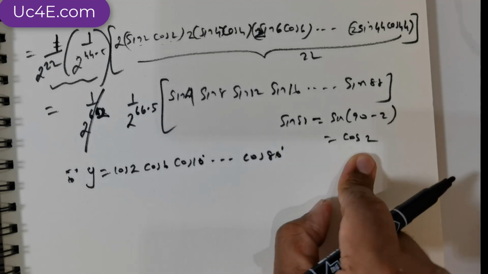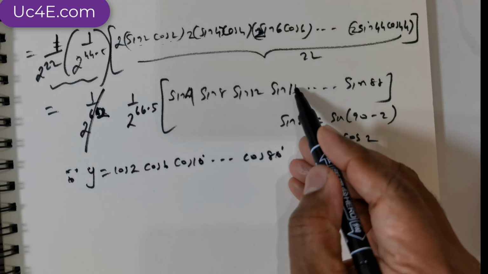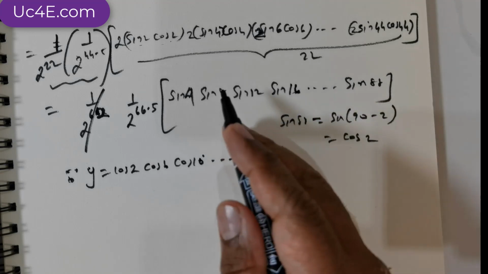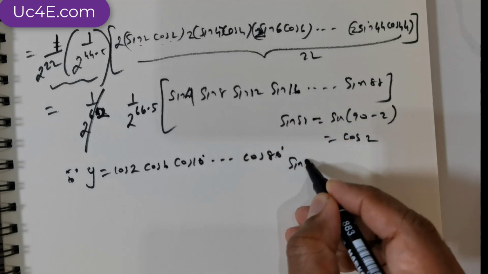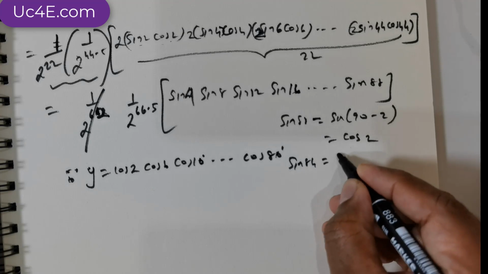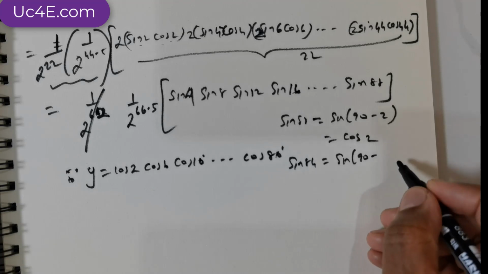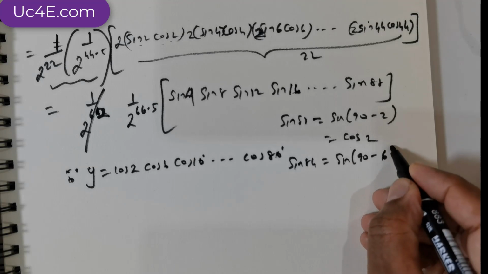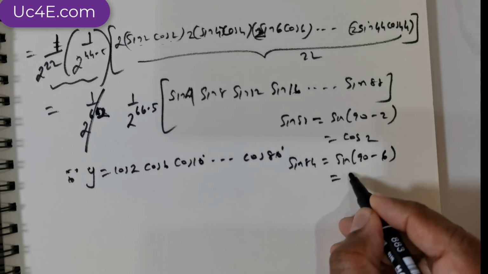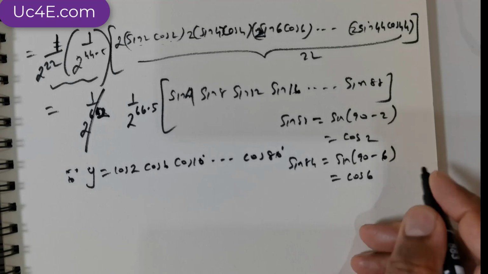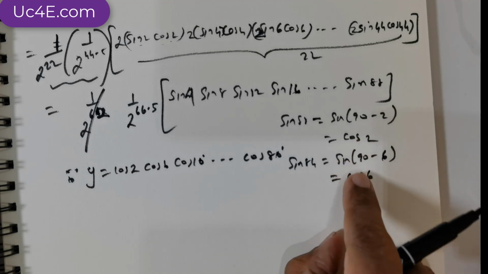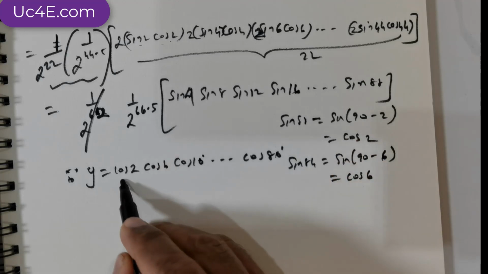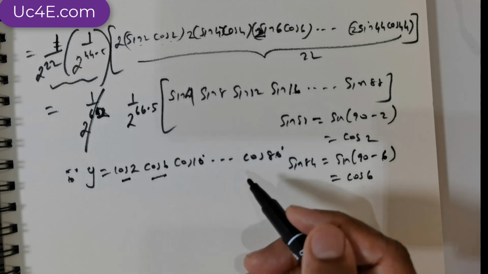Sine 88 is nothing but cos 2. Now if you were to move further, say sine 84, that is sine of 90 minus 6, which is equal to cos 6 degrees. So cos 2 is got, cos 6 is got. You can see that the first term is there, the second term is there.